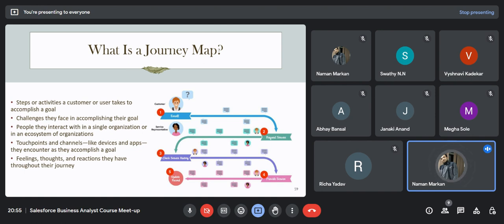So they put themselves in the customer's shoes and look at the customer's perspective, what exactly the customer is facing. So they start mapping from the customer side.